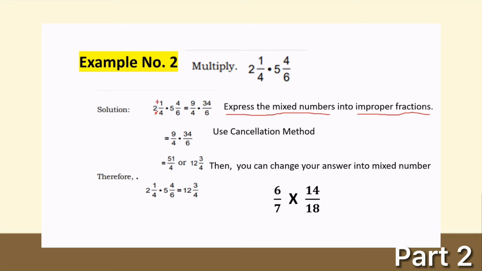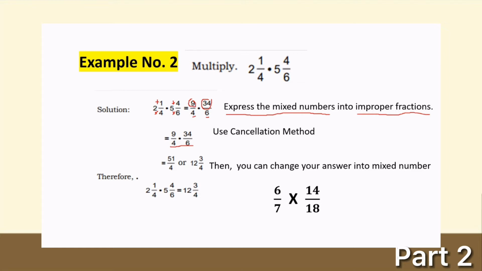So, 4 times 2 is 8, plus 1 equals 9. Then, copy the denominator. Next, 6 times 5 equals 30, plus 4 equals 34. Then, copy the denominator. So, you have now already 9 over 4 times 34 over 6.